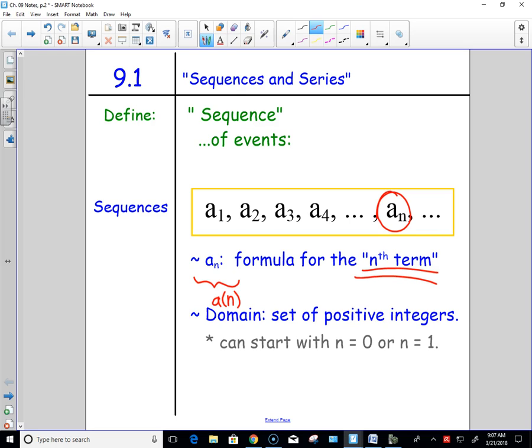So 9.1 might be one of the hardest sections of the chapter, not because what you're supposed to do is really hard, but because it introduces you to harder topics that you're not going to have to master yet. Does that make sense? Since it introduces the entire thing, 9.1 at some places might get a little confusing, like giving you a sequence and saying, come up with a formula that models it, and you're like, I don't know.